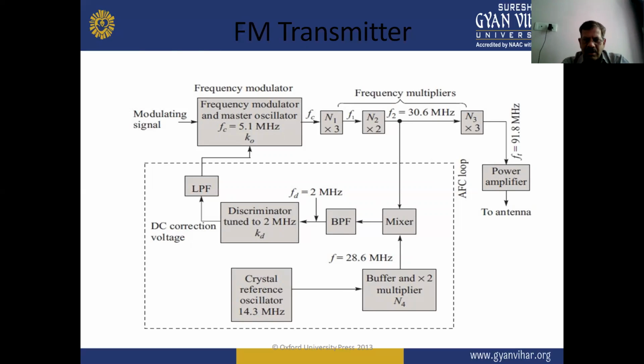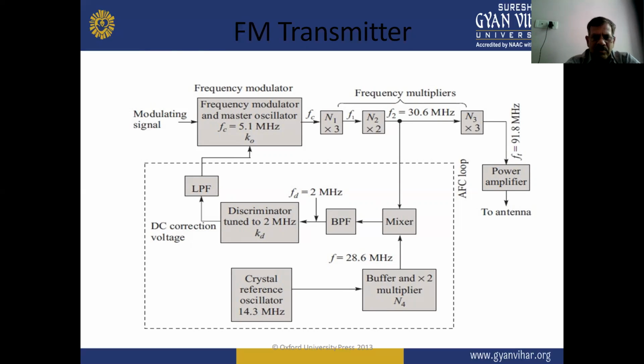After the multiply by 2, that frequency will be 28.6 megahertz, and this signal is fed to the mixer, and a signal from the output of a frequency multiplier is also mixed here, and the output of this mixer is applied to the band pass filter.